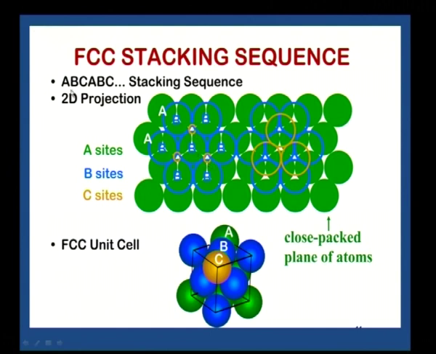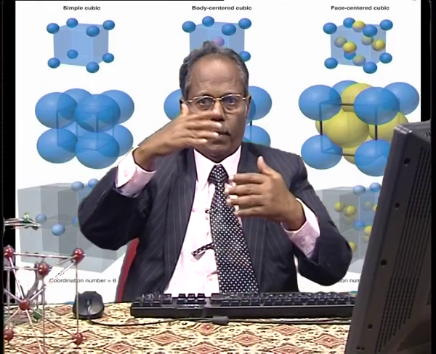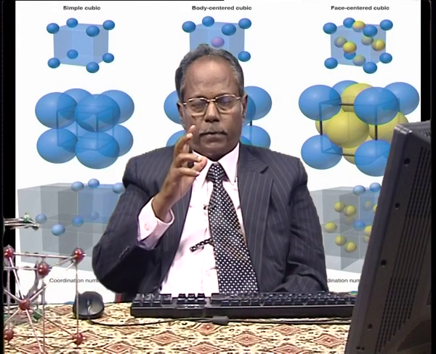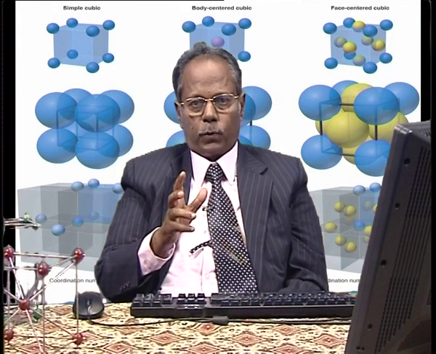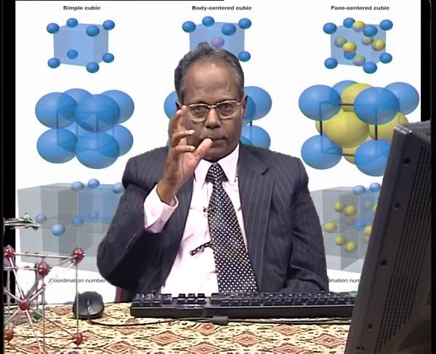If this A B C is repeated, again A B C, and so on, the first and fourth layers will be identical, second and fifth identical, third and sixth identical. This kind of stacking sequence will give rise to what is called the FCC structure.